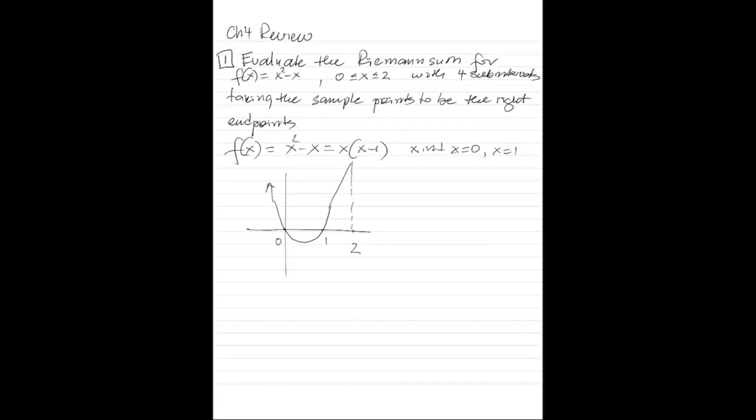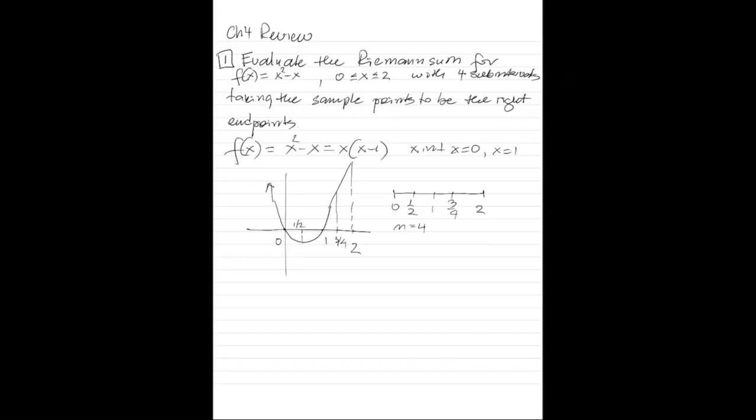We're talking about this region here. Let's write the interval from 0 to 2. If we have 4 subintervals, then n equals 4, so we divide by half: 1/2, 1, and 3/4.